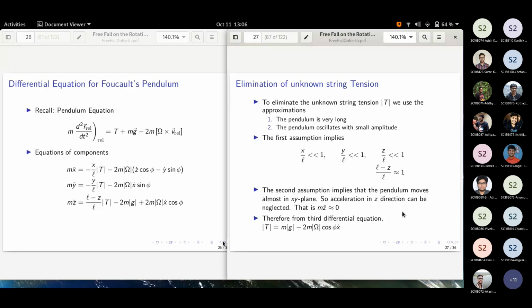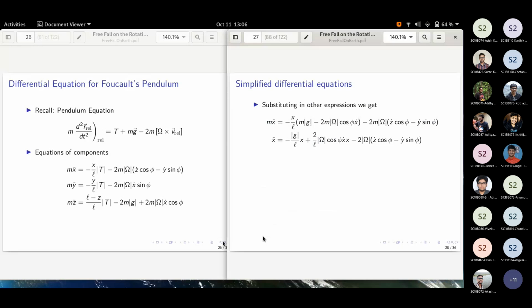In a way, that is also 0, but we don't require that number now. From the third equation, we are trying to estimate only the tension T. Z dot also, probably we will be assuming 0. Yes, let us check it out. I think it will be assumed to be 0.